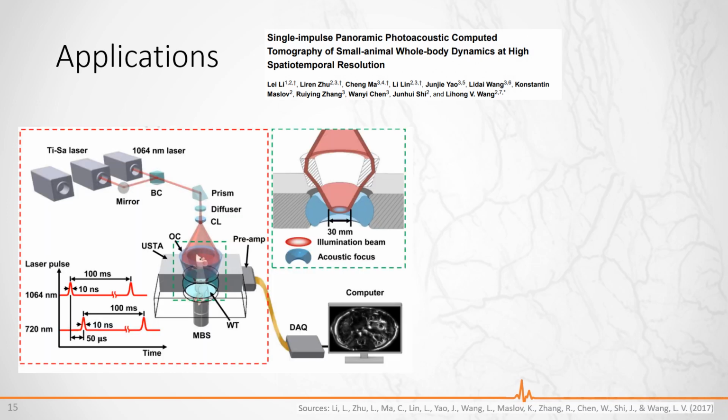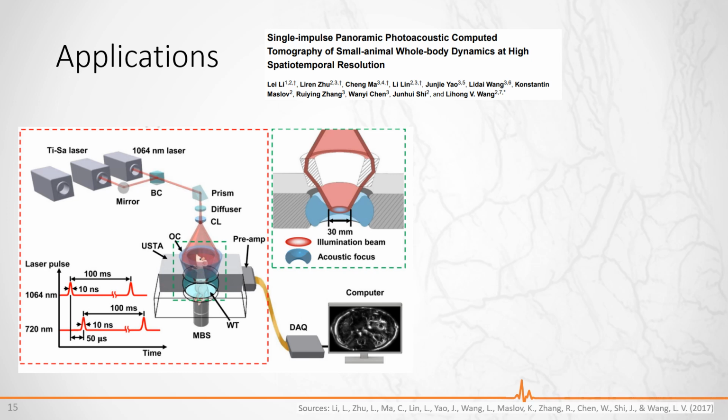The first example I present to you is a tomograph for small animals from 2017. In the sketch of the setup, one can observe the unfocused laser beam which illuminates a cross-sectional disc homogeneously. This is achieved by a special cylindrical lens.